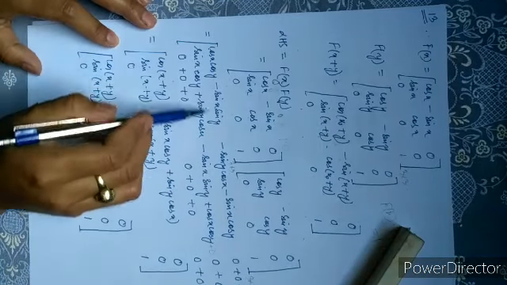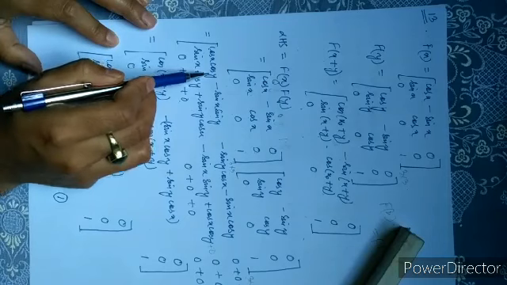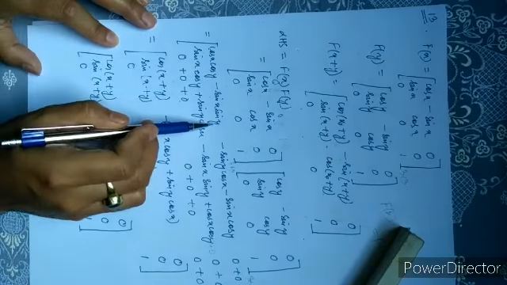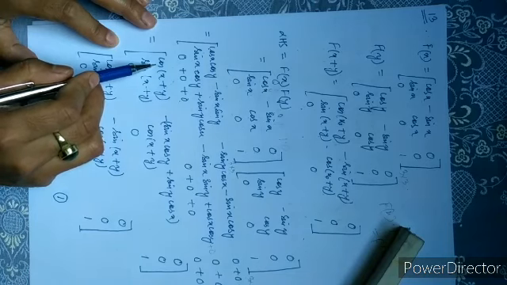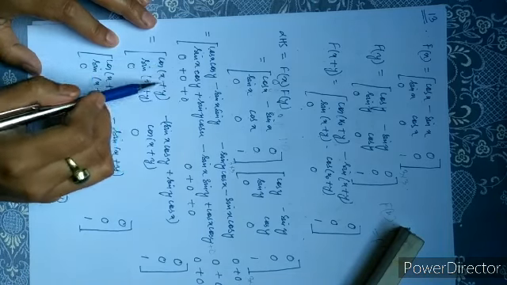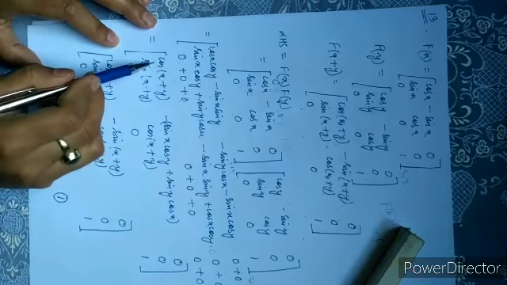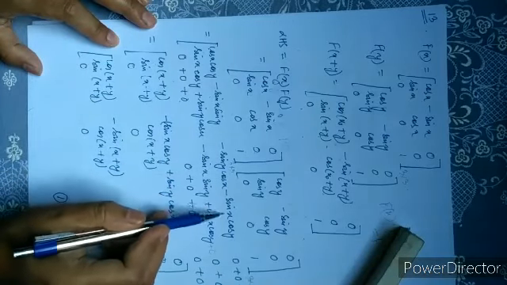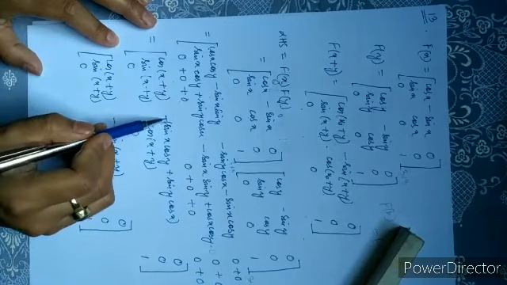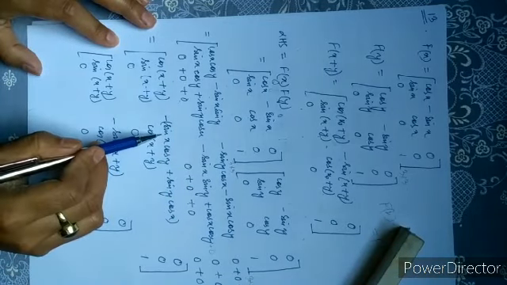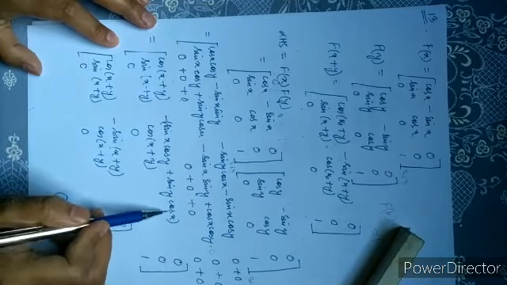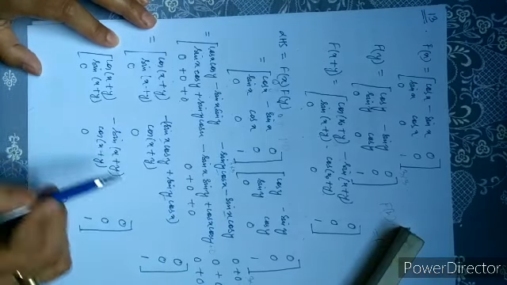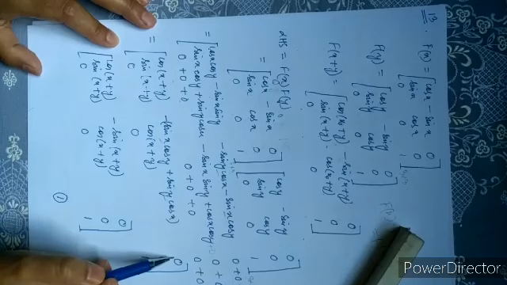Next, find the value of these expressions. Cos x cos y minus sin x sin y is the cos of x plus y, which is the expansion of cos of x plus y. Minus sin y cos x minus sin x cos y, taking the common term, gives sin x cos y plus sin y cos x, and 0 plus 0 is equal to 0.